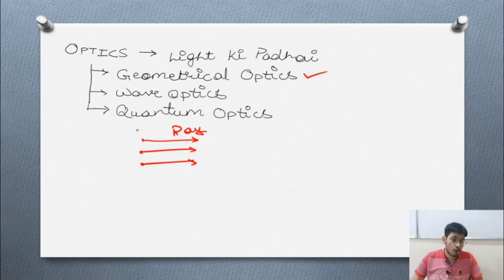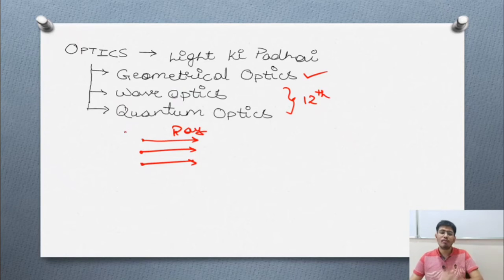Then what about wave optics and quantum optics? You are going to study all these things in 12th standard, or if you pursue the IIT examination or the NEET examination, over there also you will study wave optics and quantum optics.